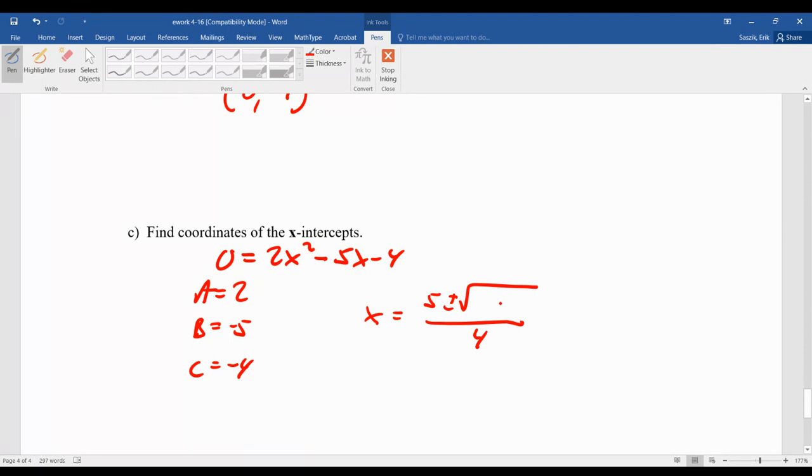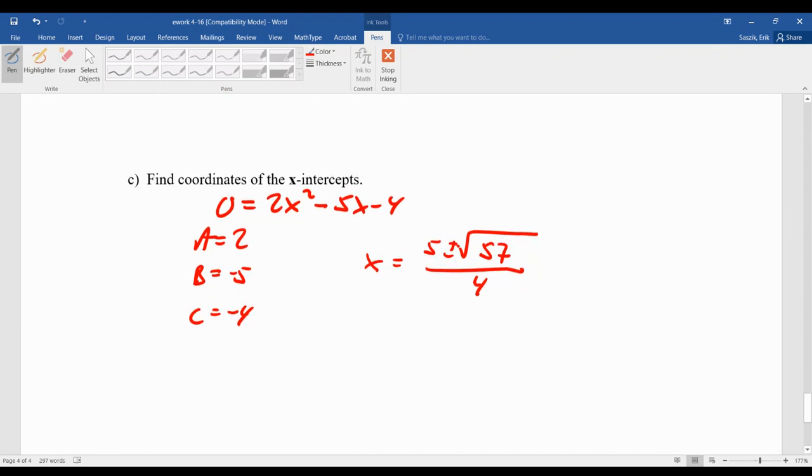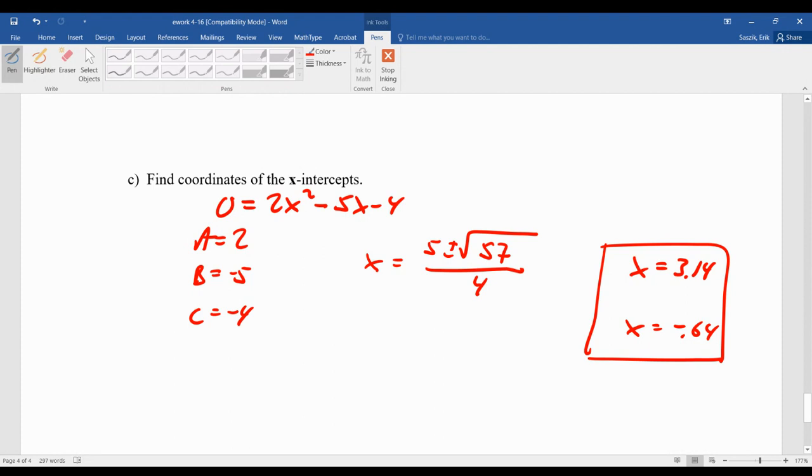We already figured this out in part A. Remember, what's in here is b squared minus 4ac, and that came out to 57. So now on your calculator, you can do 5 plus square root of 57 over 4, and you will get 3.14. And then you can do 5 minus square root of 57 over 4, and you should get -0.64. Okay? So that was a little solving. So there's a lot of information there.